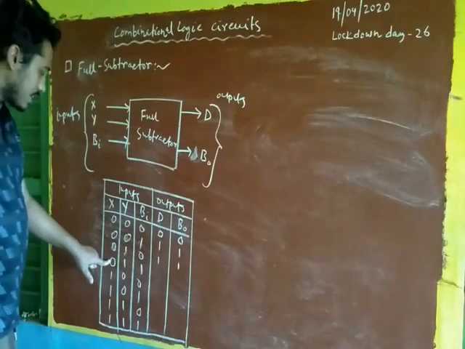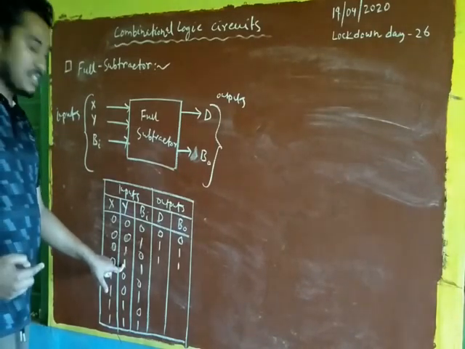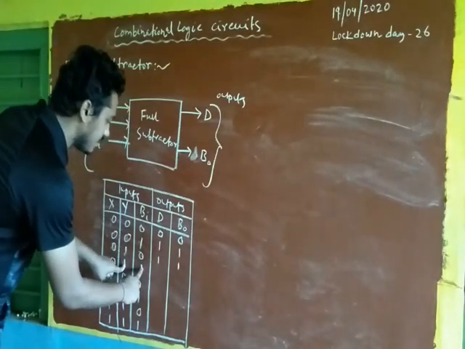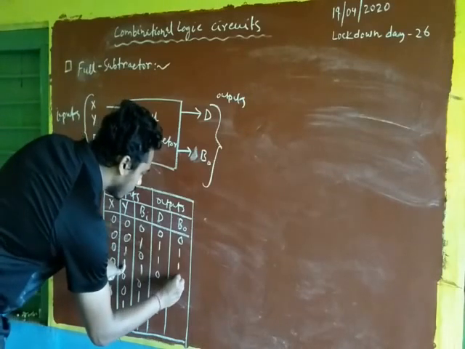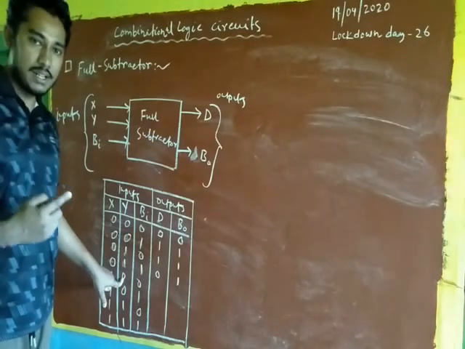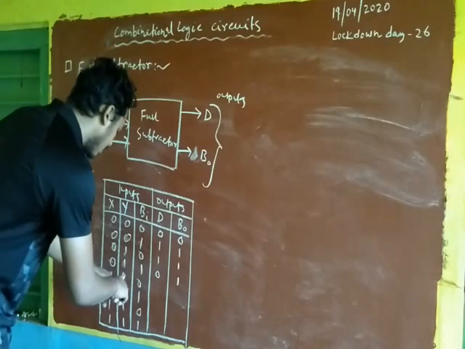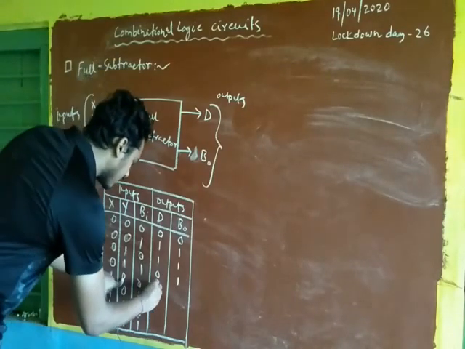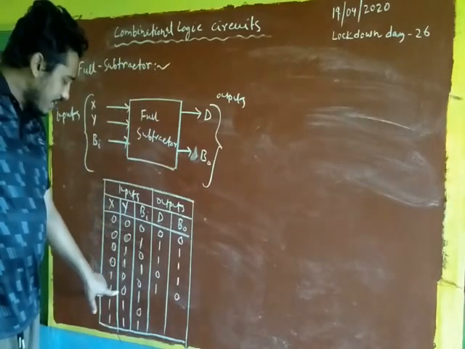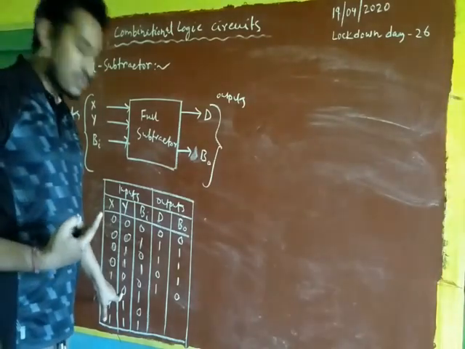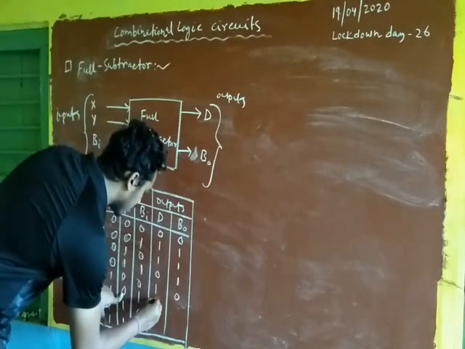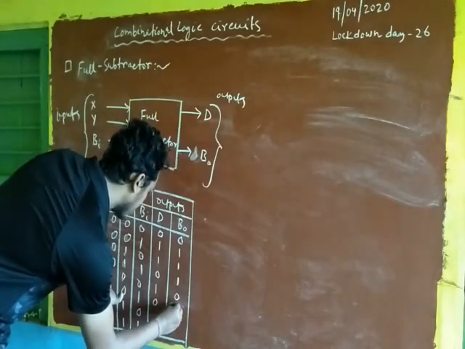Okay. Now for this combination 0 minus 1, difference is 1 and borrow is also 1. Then this 1 minus this 1, difference is 0 with borrow 1. Now for the next combination 1 minus 0, difference is 1 with no borrow. Now for these combinations 1 minus 0, it is also difference 1, and then minus 1 is 0 with no borrow.